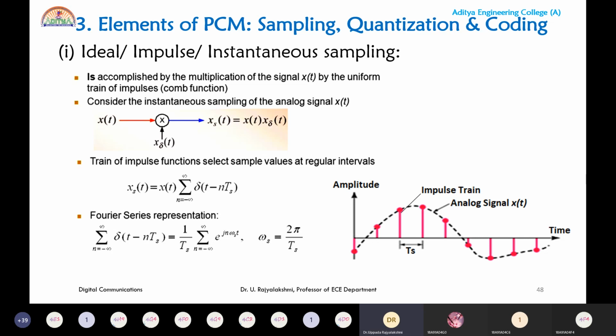Whenever you multiply the signal, what is the input signal? Continuous signal. Okay, what is the input signal to the sampler? Analog signal, which is band limited to plus or minus fm, because higher frequency components are eliminated by the low pass filter. So what is the input for the instantaneous sampling or any kind of sampler?